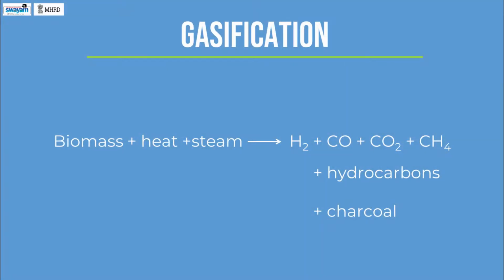Charcoal is later converted to gaseous products. Biomass plus heat in the presence of steam yields hydrogen, carbon monoxide, carbon dioxide, methane, hydrocarbons plus charcoal. Similar to pyrolysis, the gaseous products are converted to hydrogen through steam reformation and water gas shift reactions.